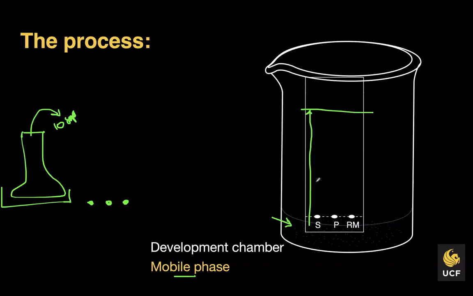So our starting material, if it moved up the plate a specific distance in a specific solvent system, has a specific RF value that is known, right? And we'll know that our product is formed based on comparing it with the RF value as well, right?